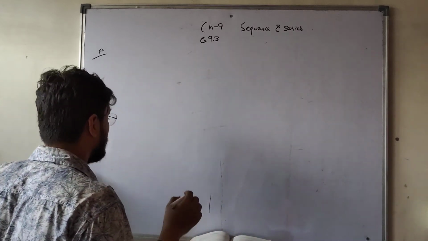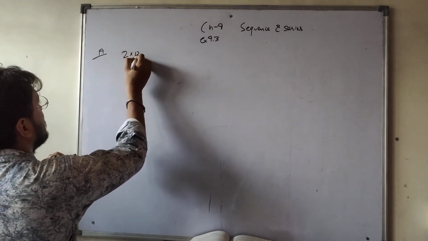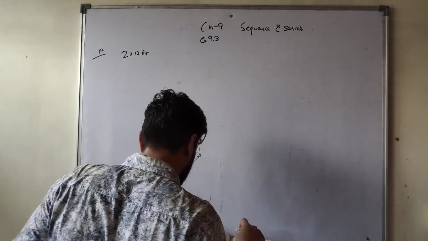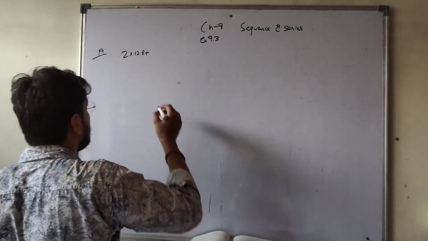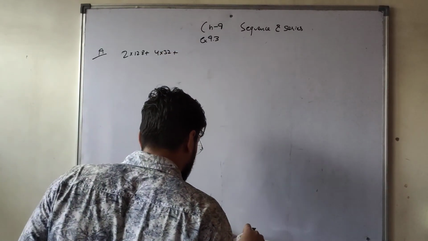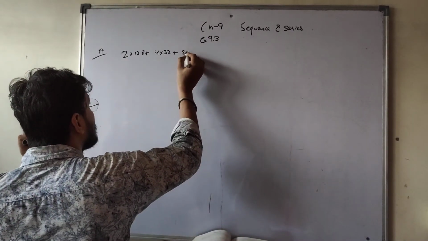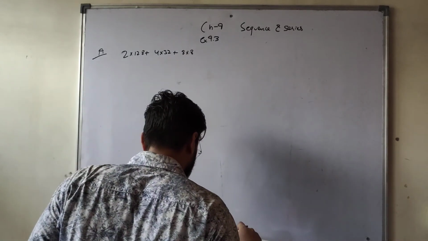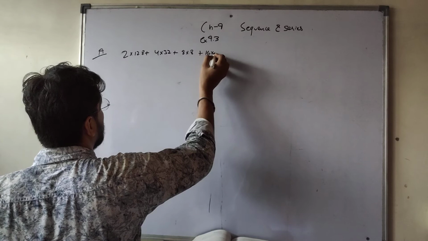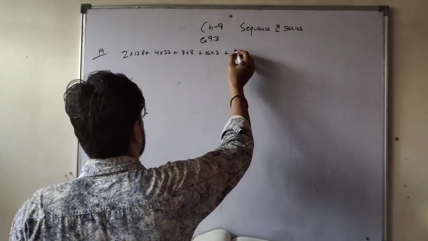So we have 2 multiplied by 128, product of the corresponding terms, plus 4 multiplied by 32, plus 8 multiplied by 8, plus 16 multiplied by 2, plus 32 multiplied by 1 by 2.